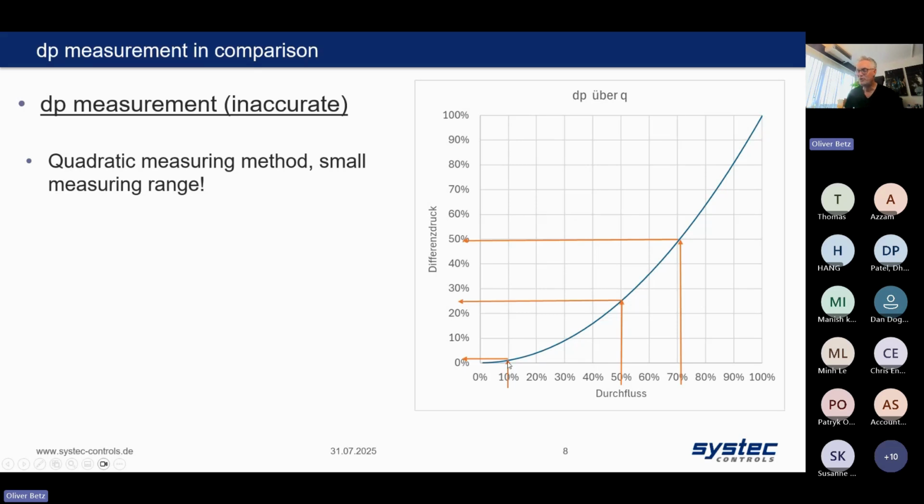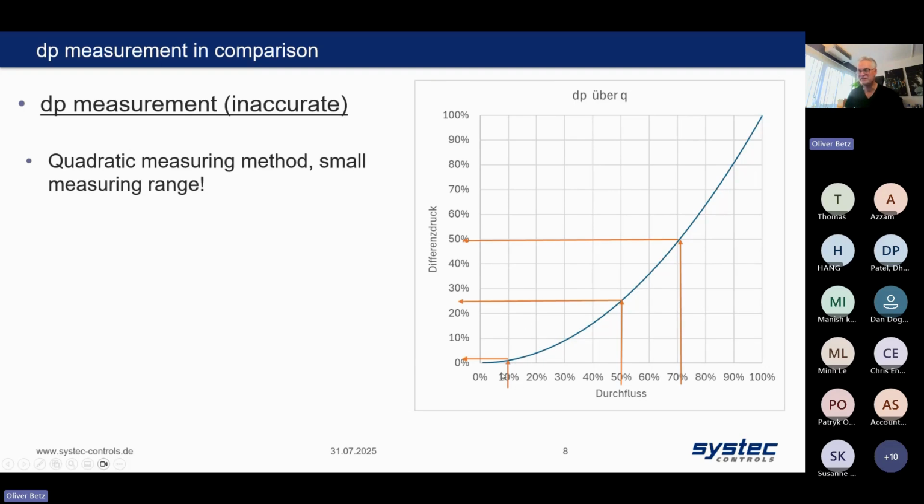But if you are at 10% of the flow, the square of 10% is 1%. You just have 1% of the differential pressure, which means, in particular at the low area, the resolution of the differential pressure is getting worse and worse. This is a physical truth.